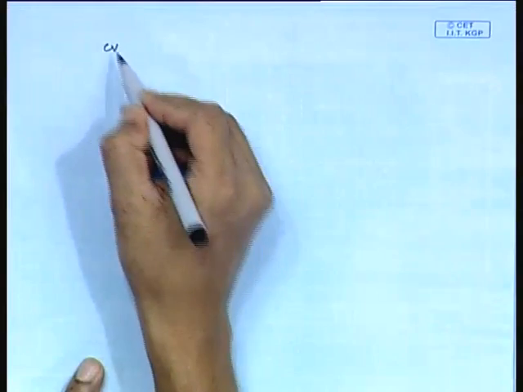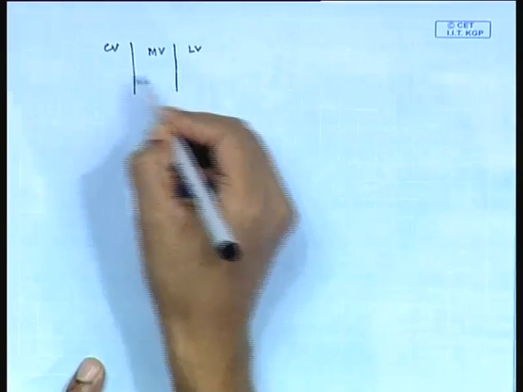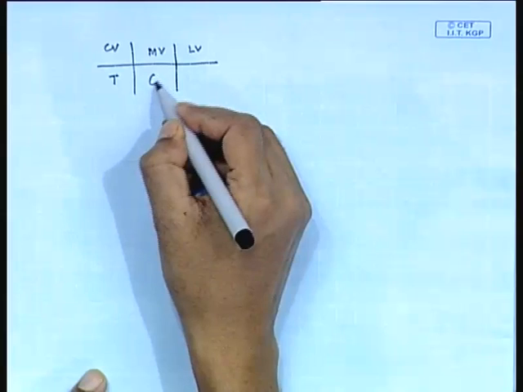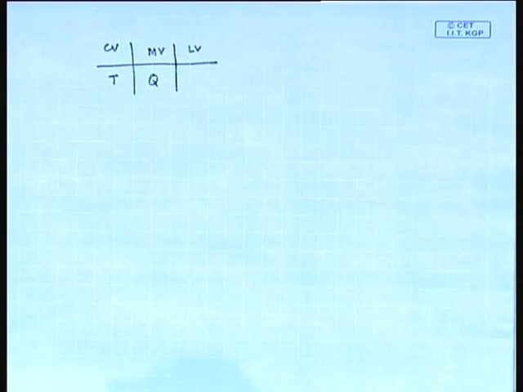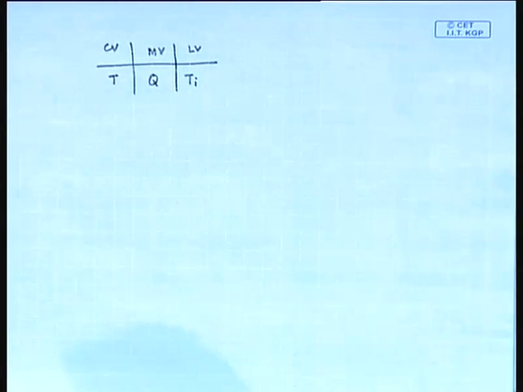So, what is our control objective? Our control objective is to maintain the temperature. So, temperature is our controlled variable. What is the corresponding manipulated variable? Q. We have assumed that Fi is a constant quantity, therefore, Ti is the load variable.